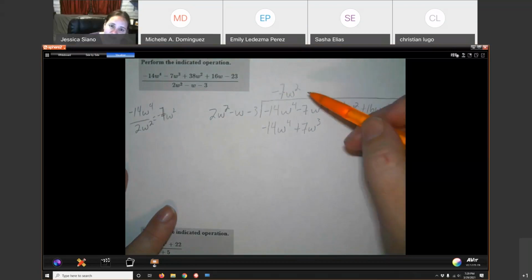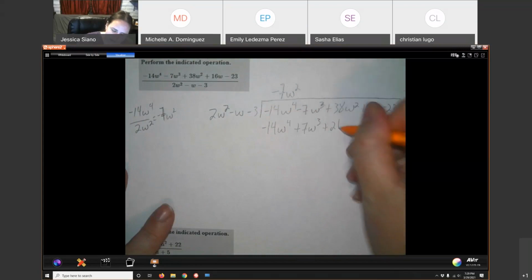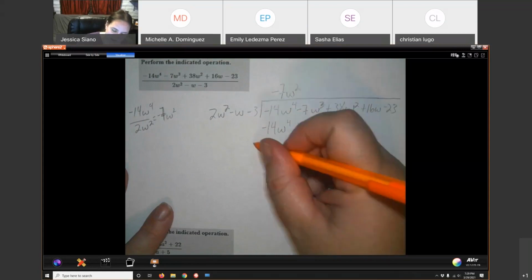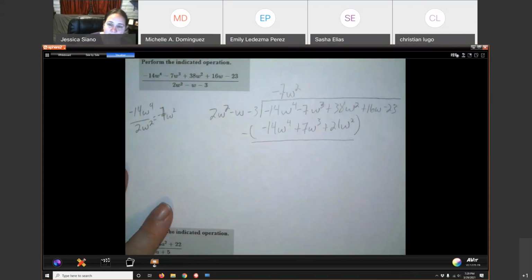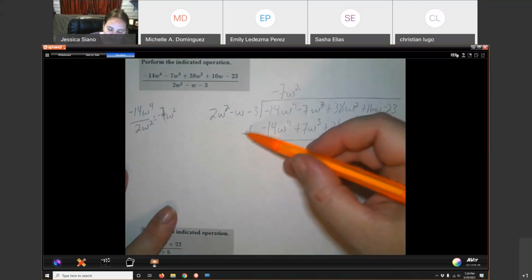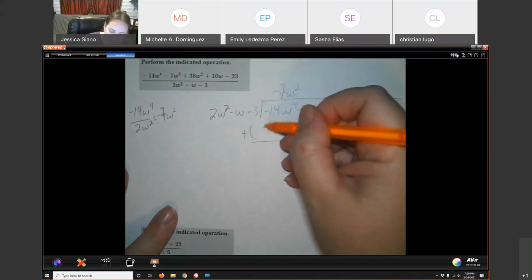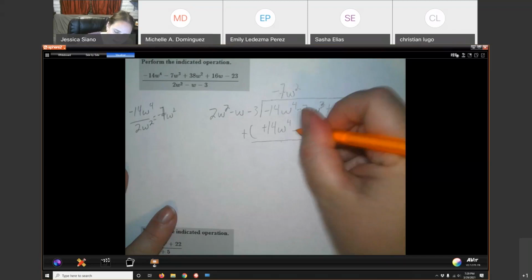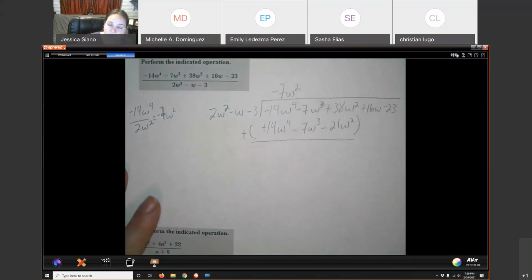And negative 7w squared times a negative 3 is plus 21w squared. And then we subtract. So let's distribute this negative through. It becomes a plus 14w to the fourth, and then a minus 7w to the third, and a minus 21.